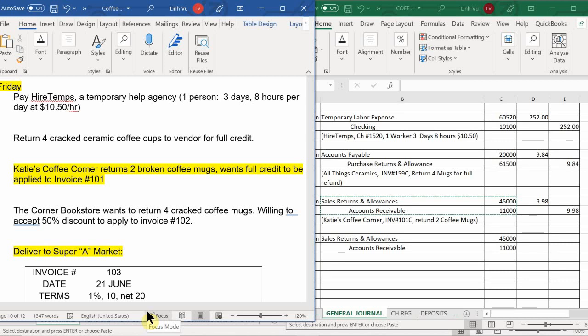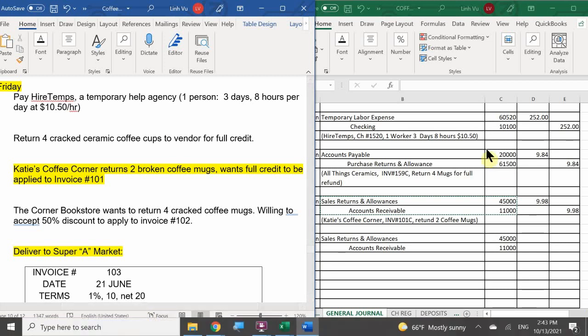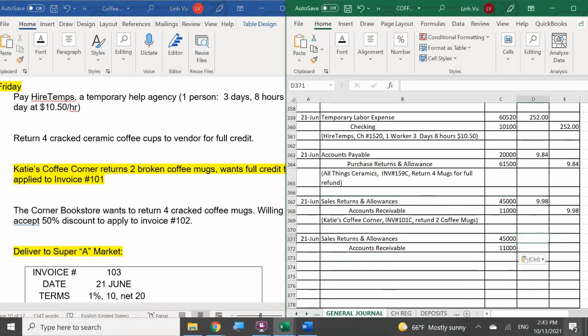We have 4 cups times 4.99, but we have to reduce it. We have to give him 50%. So this amount we're gonna reduce from the price that he has to pay. Good. So 4.99 times 4 times 50% gives you what? $9.98.